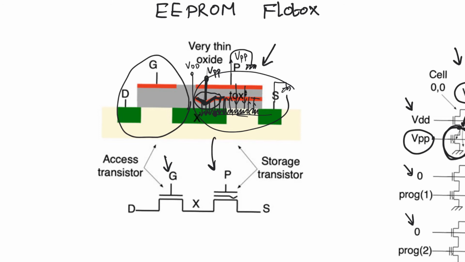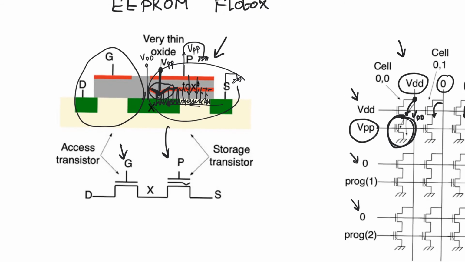This allows the oxide to be very thin near the drain, which promotes tunneling at the drain side. But keeping the oxide thick for the remainder of the channel allows us to have more control on how much tunneling happens within the rest of the channel. And so we can localize the tunneling that happens to the drain side only.